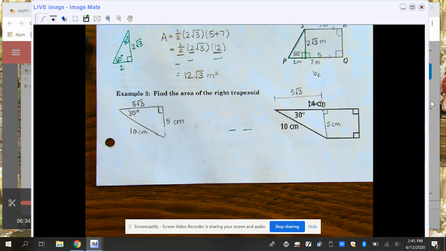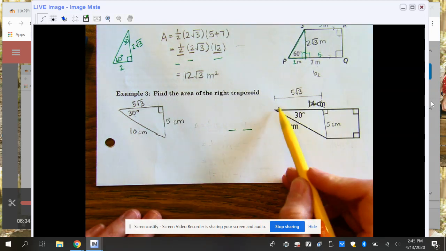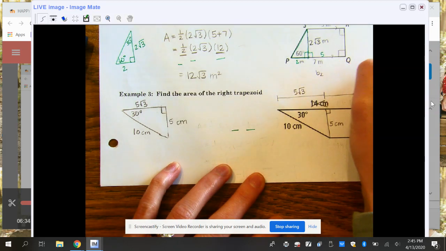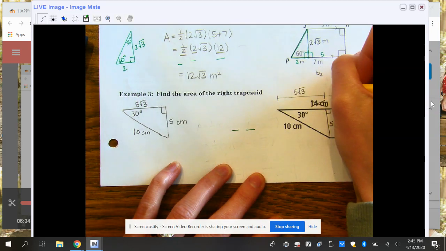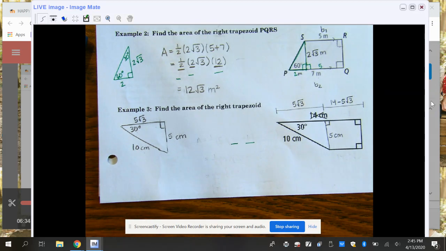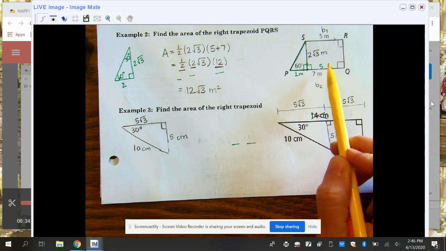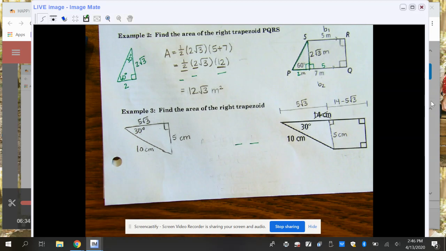And so that means if this whole length is 14 centimeters, that means that this leftover has to be 14 minus 5 radical 3. Kind of like what we did here, just backwards. So we did 7 minus 5 to get the 2.